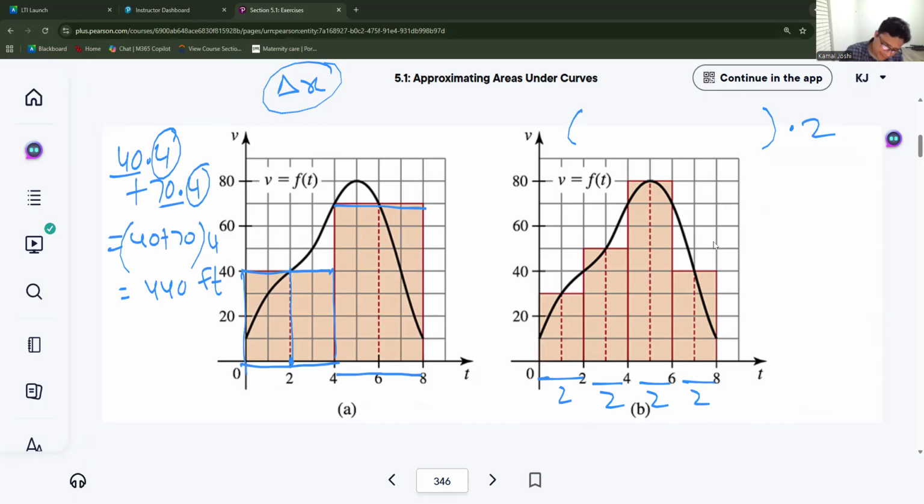And what are the heights? In the first one, 30, in the second, 50, in the third, 80, in the fourth, 40. So 80 plus 80 is 160, plus 40 is 200, times 2 is 400.